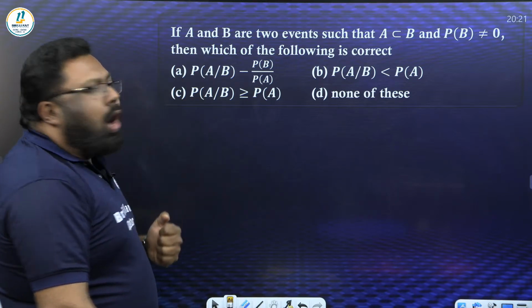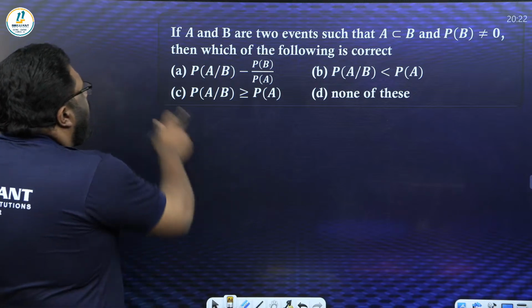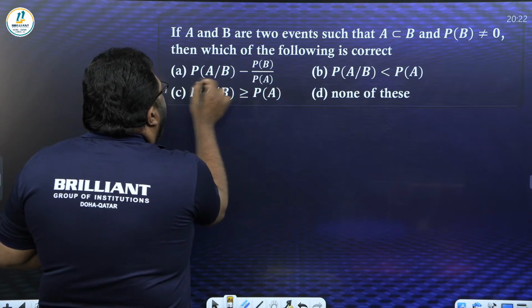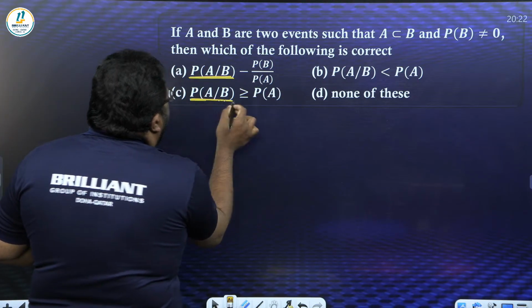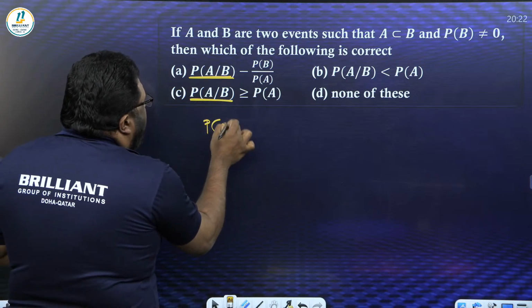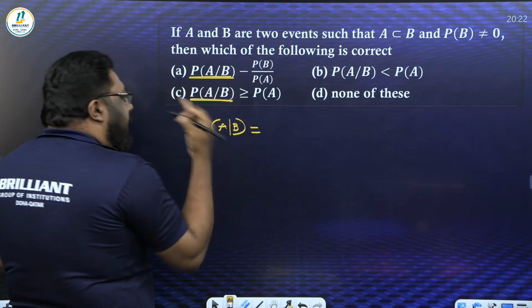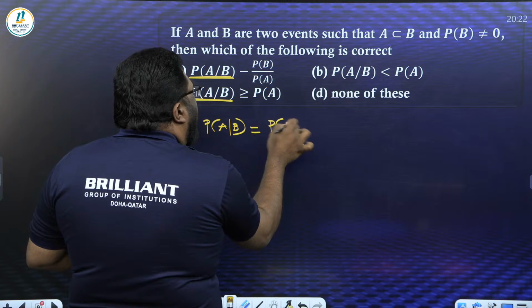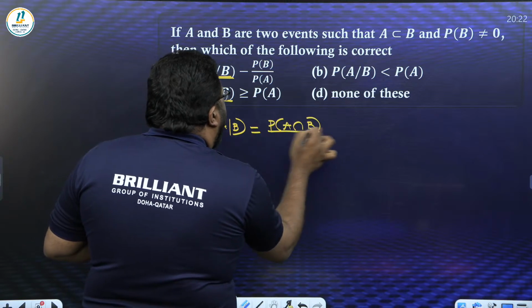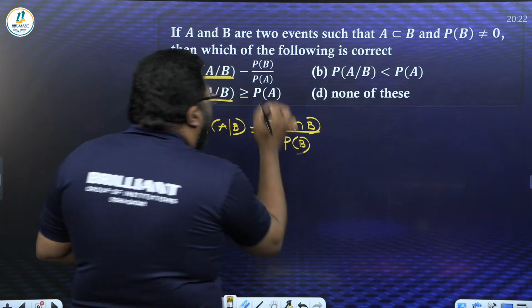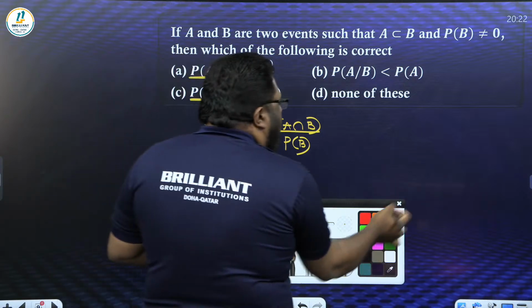Next, A and B are two events such that A is the subset of B and P of B is not equal to 0. Then they are all asking about A by B, my dears. So let's try to understand what happens to P of A by B. We know the formula, P of A intersection B divided by P of B. Now they are trying to relate this to the concept of sets.